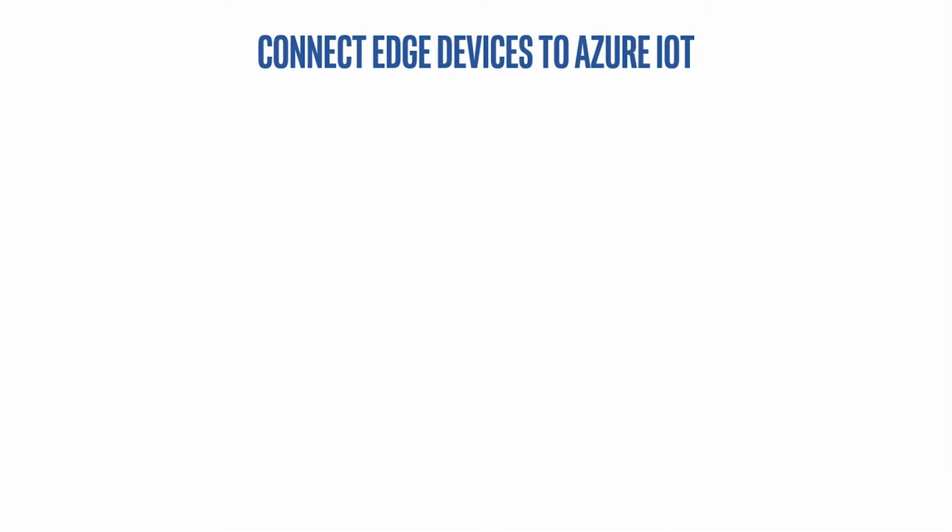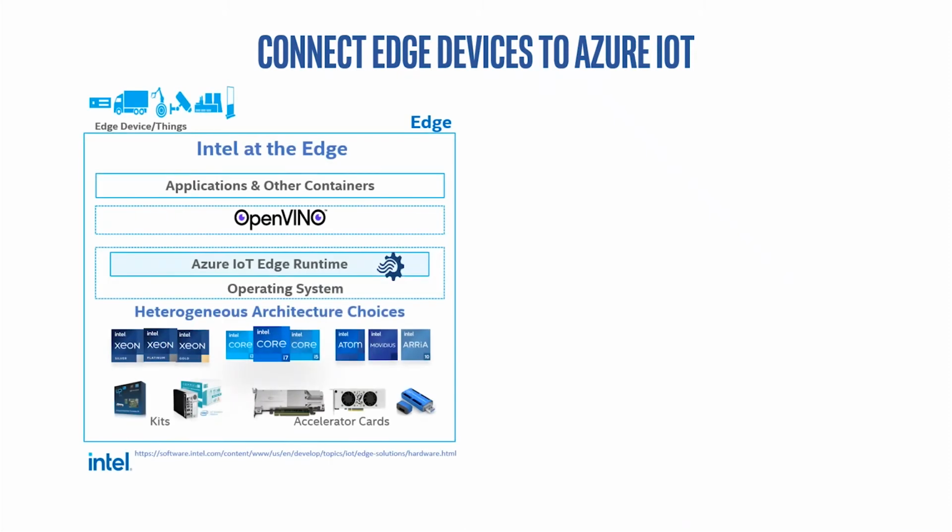Now, when it comes to connecting the edge devices to Azure IoT, we have covered it extensively in the past sessions. To meet the large data requirements that are generated at the edge, a wide selection of Intel hardware provides several options to meet the compute and performance levels required for use case specific requirements at the edge.